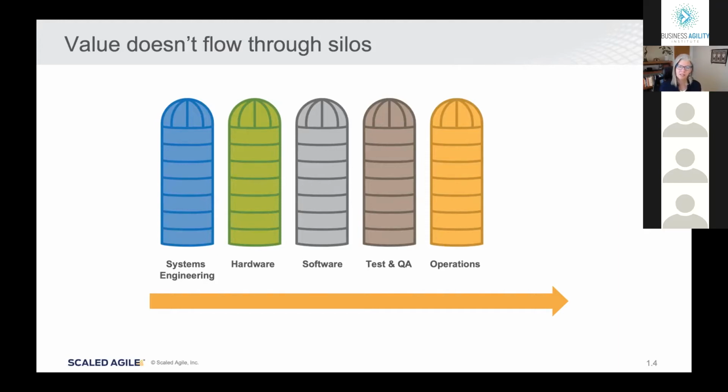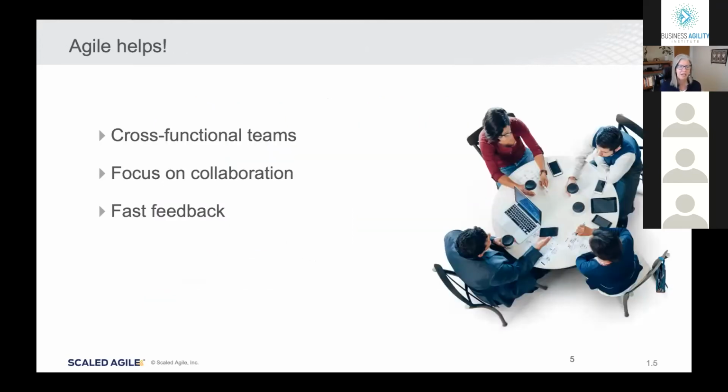So we wanted to solve that, and we did that by developing Agile. And so Agile really helps solve the problems because of 3 main things. One is by developing cross-functional teams, we broke down those silos, and everyone was focused on delivering the same value in the same priority order.